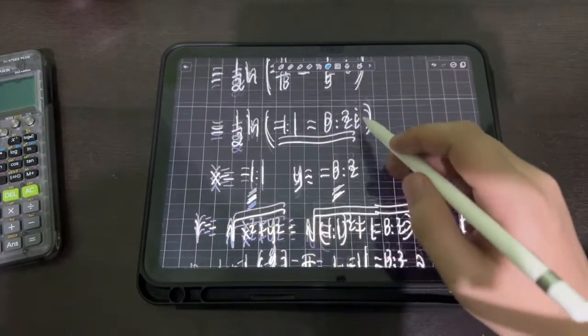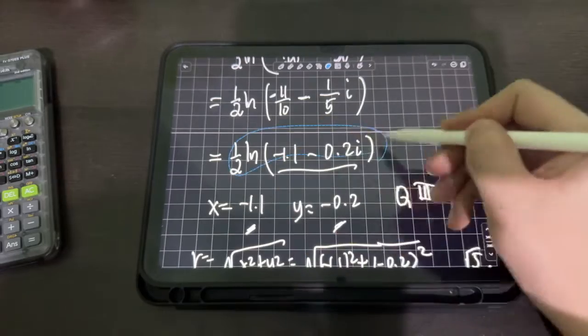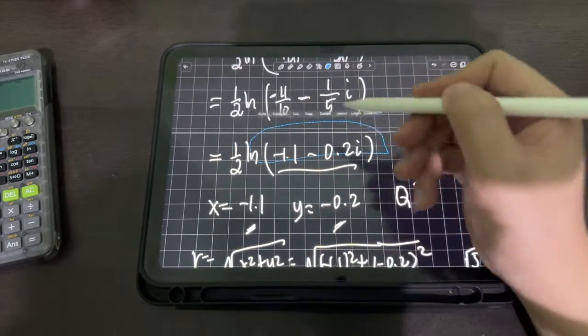Okay, now, if we evaluate this ln, let's start with the ln.